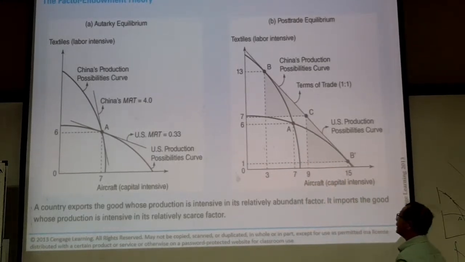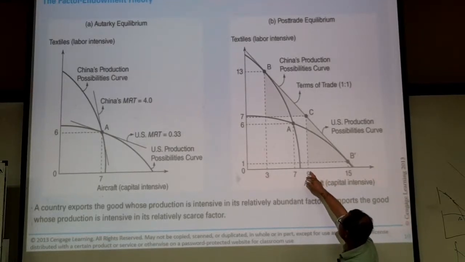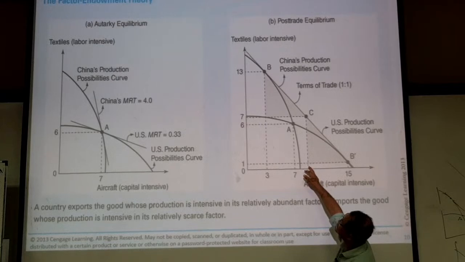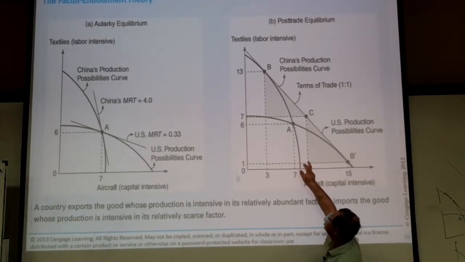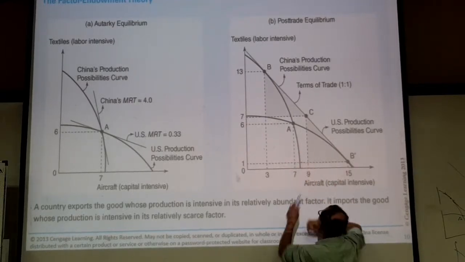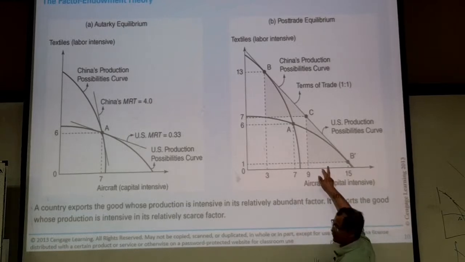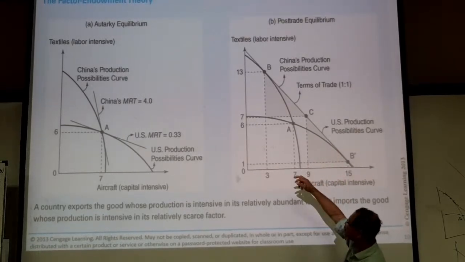Now, United States produces only 1 textile but consumes 7. So 6 is imported from China. So this is the trade triangle connecting export and import and TOT.